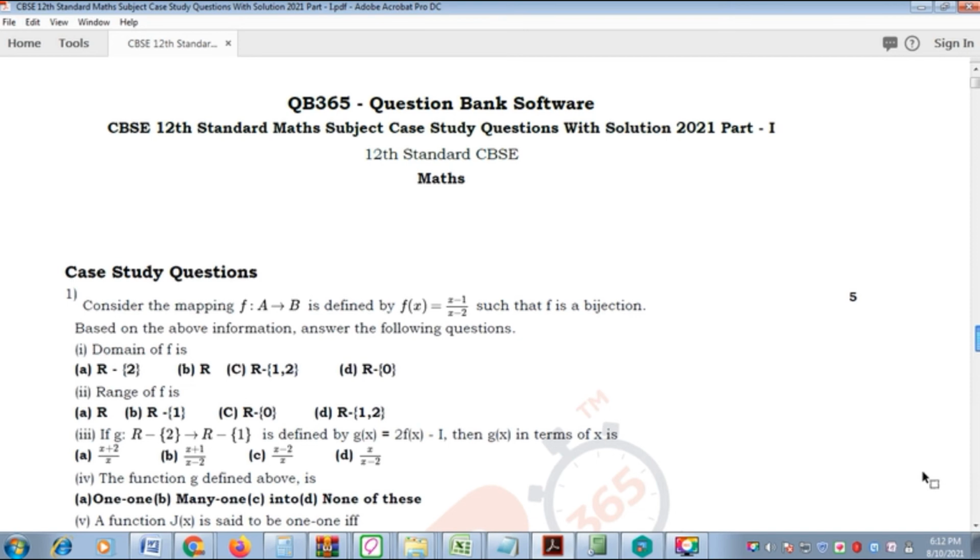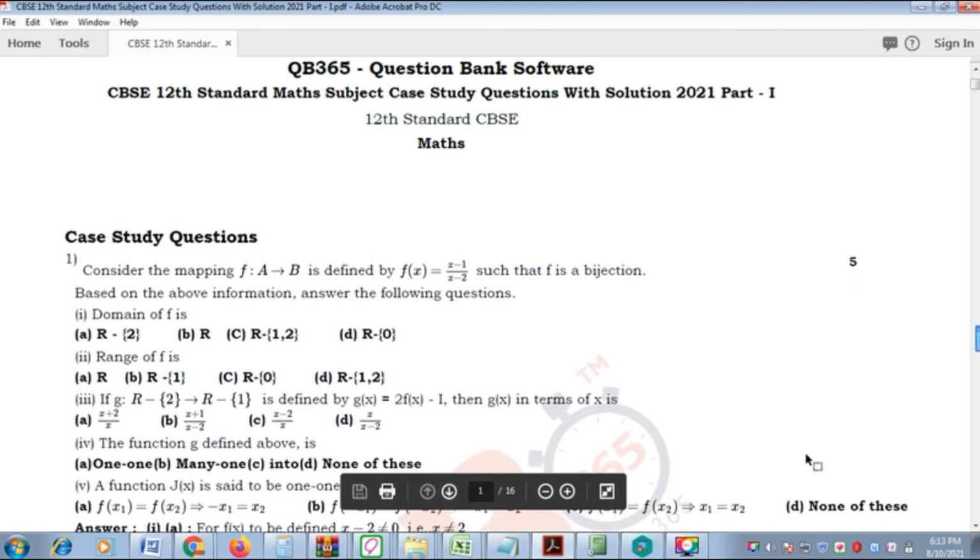They provide a paragraph or an image, and based on that paragraph only, they ask 4 or 5 questions. So your answer should be based on that particular paragraph.